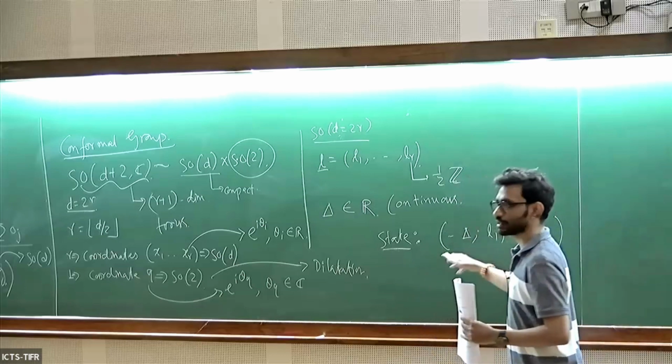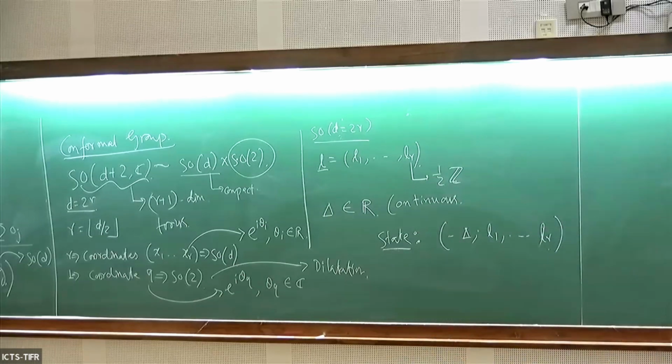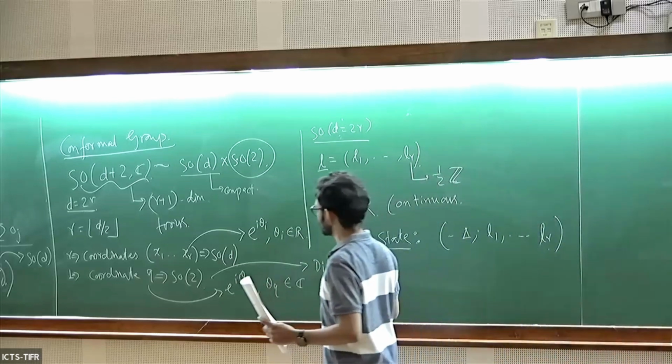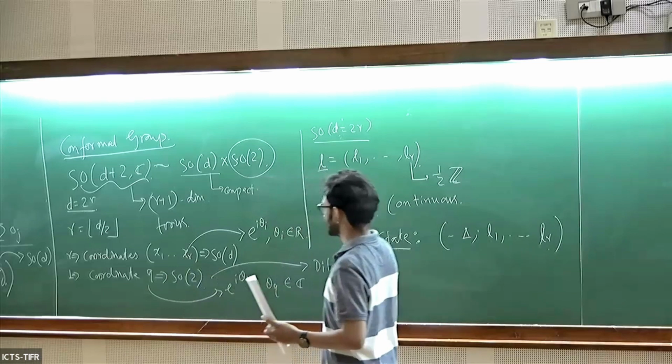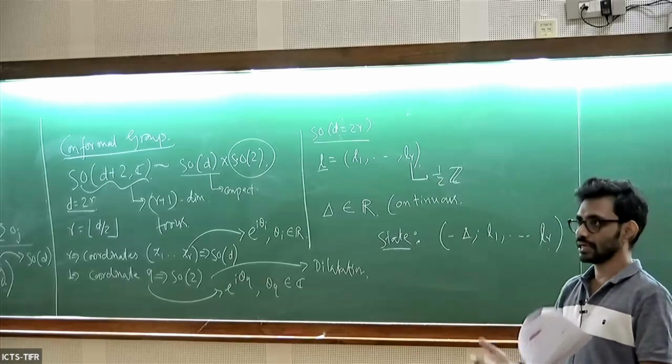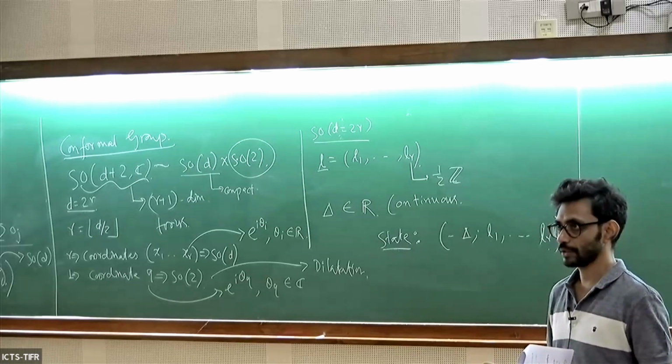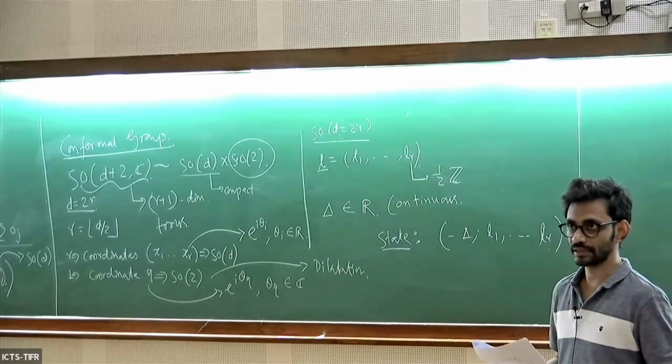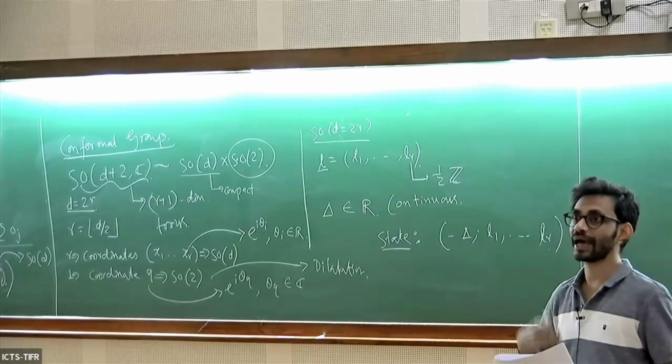So these are my quantum numbers to define the state. It's exactly the way you define the angular momentum in quantum mechanics, depending on what good quantum numbers you have. So then, in this construction, as I told you, this group is basically non-compact, so I cannot immediately write down the unitary representations which are finite dimensional. So we have to find a way to do that. But before that, we have to understand why we do not have that.